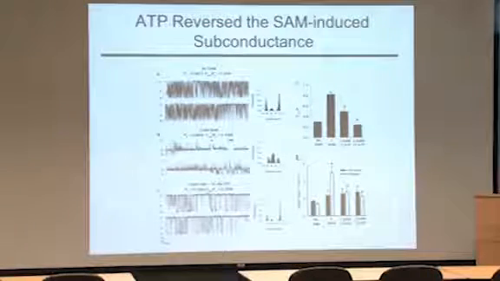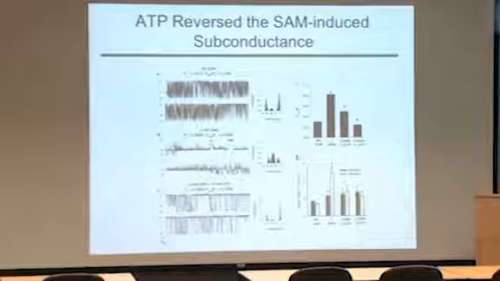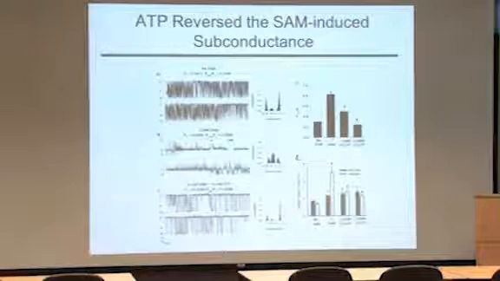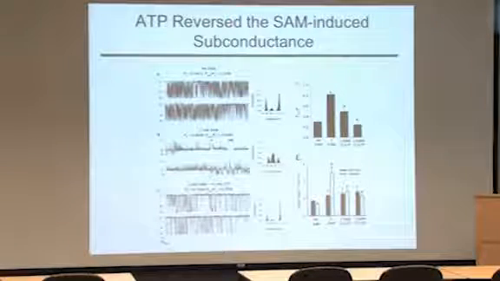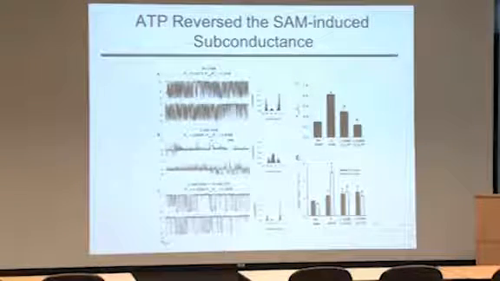There are some subconductances in here that just aren't too obvious. When you add the SAM, you see the probability of the subconductance state going way up. In the summary data, with no SAM, we have a low probability of the substate. Add SAM, probability goes up; increase the concentration of ATP, the probability of the substate goes down. It is just the dwell times, how long the channel's open when it's open, how long it's closed when it's closed.